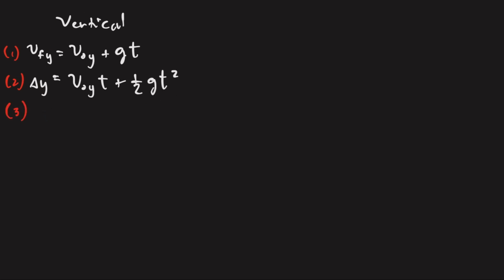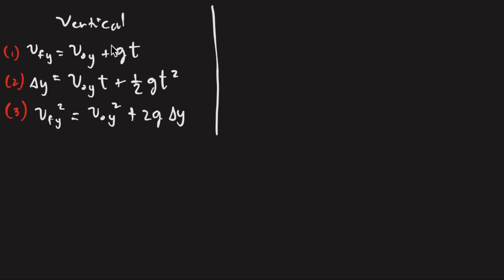So for equation 3, we have vfy square is equal to v naught y square plus 2 g delta y. So these are the equations that we can use for the vertical components.